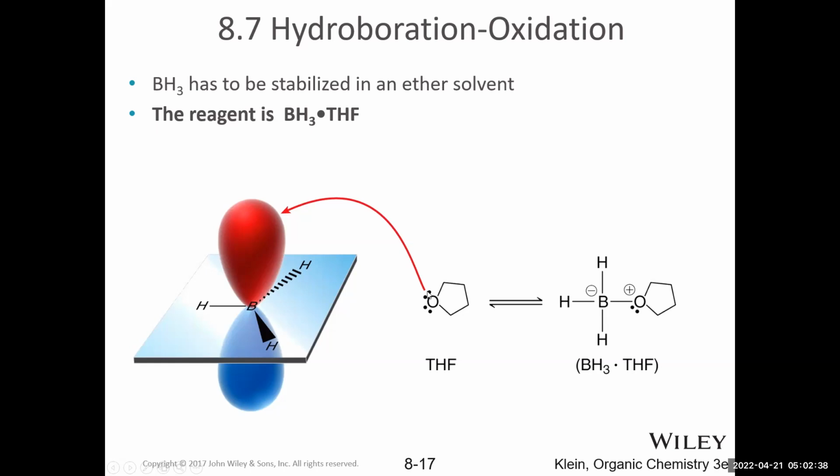Actually, it has 2 lone pairs, but it can use one of those lone pairs to donate electron density into that p orbital, helping to stabilize it. This is a reversible process. The THF can do a nucleophilic attack to form what we call a Lewis acid-base complex, and it can also reverse, losing a leaving group to go right back to THF and borane separately.